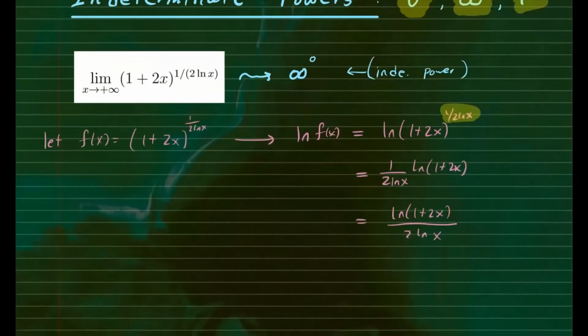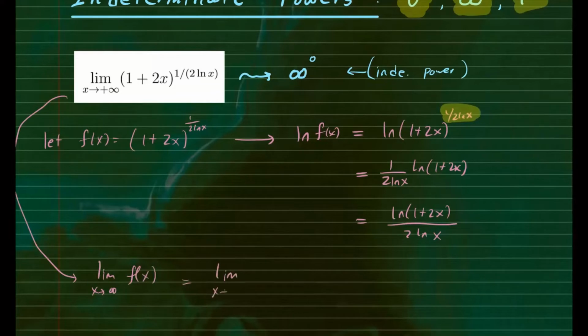Take a look at what the limit becomes. We have rewritten the function using ln. So we're taking the limit as x approaches infinity of the function f of x, and we apply ln to f of x. That means I can write this as the limit as x approaches infinity of ln of f of x.